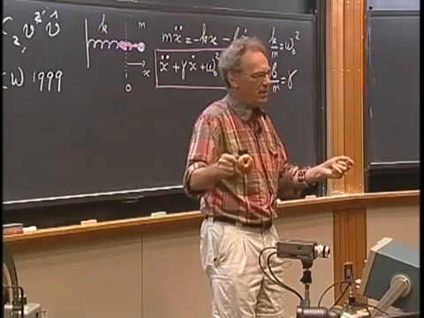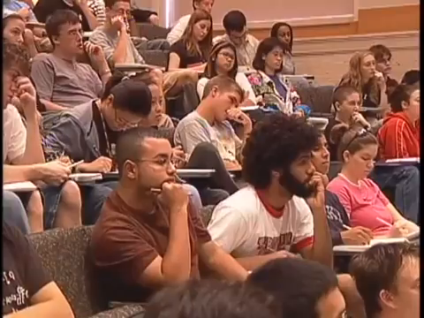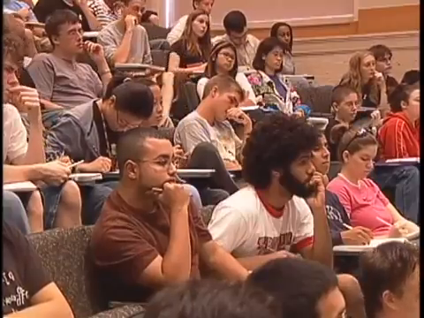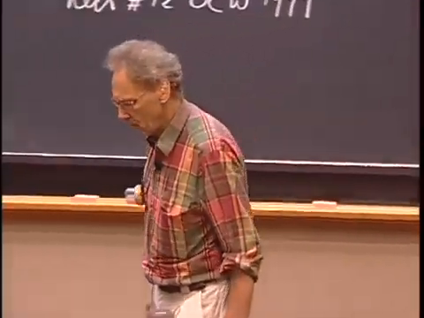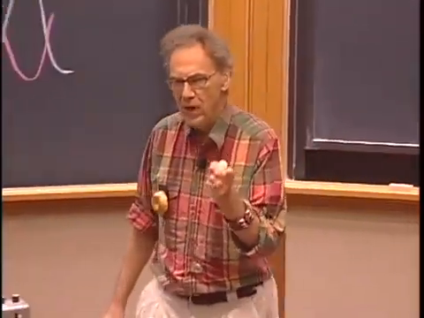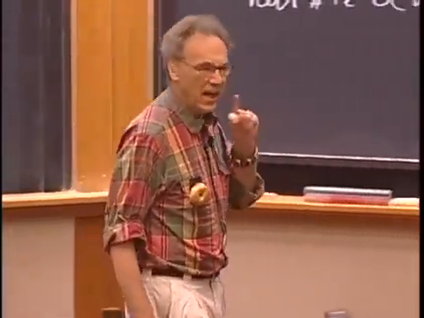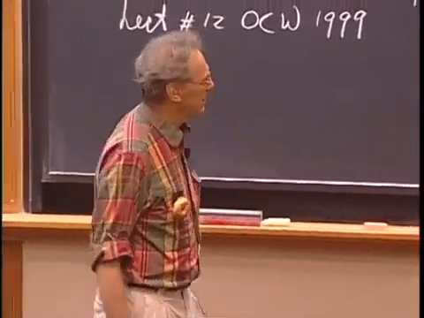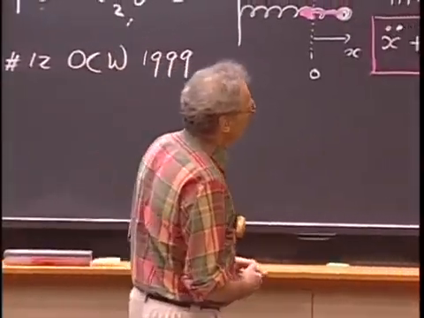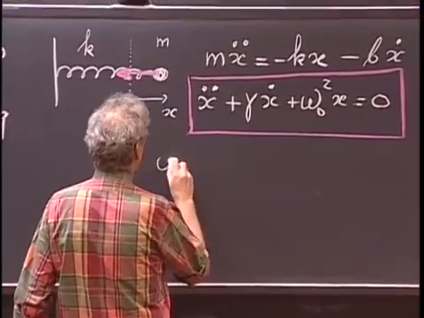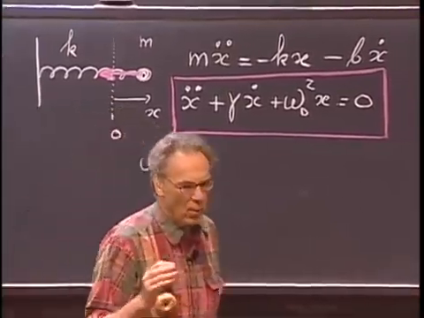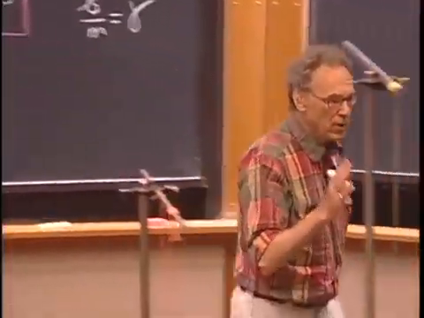I take a spring, I offset it, it starts to oscillate, and it comes to a halt. So the amplitude must die out, must decay. That's a prediction. Now let me try your intuition. Let us assume that the system will oscillate with a unique frequency omega.